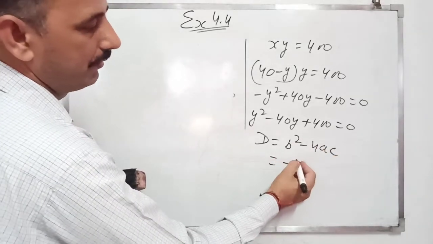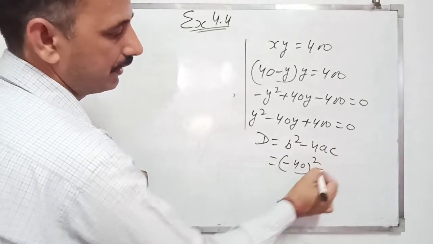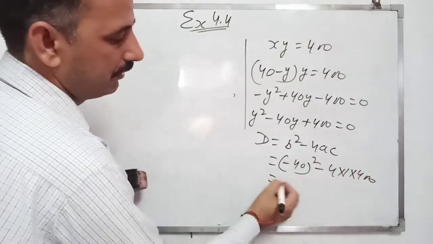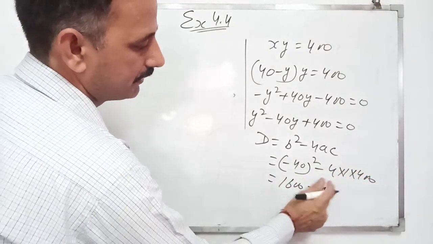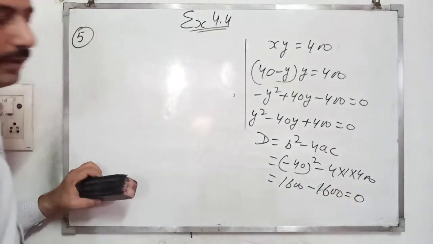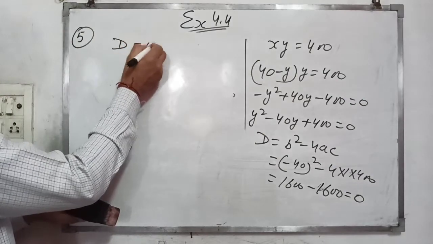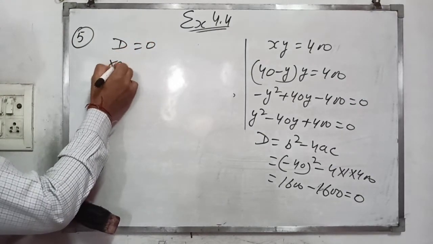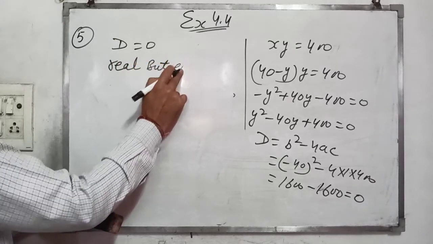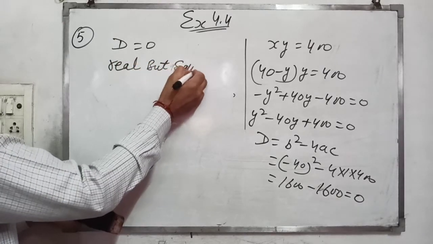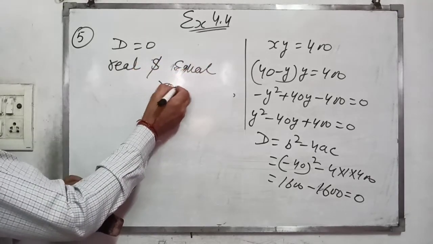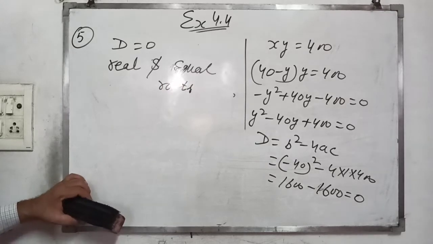You get the square of minus 40 minus 4 into 1 into 400, so 1600 minus 1600. It becomes 0. If D equal to 0, it means real and equal roots are there.